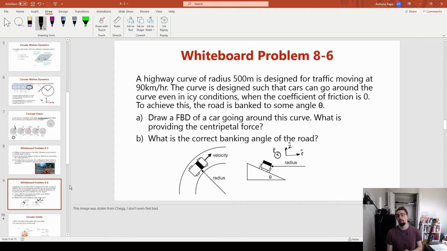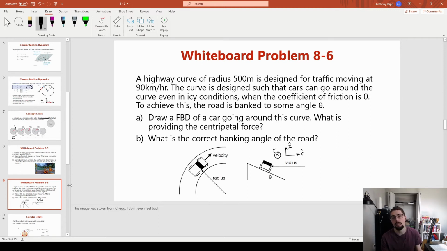So, if we can imagine here that the radius of this curve is 500 meters, traffic is going to be moving at 90 kilometers per hour, which is highway speeds, roughly speaking. So the assumption here is that we would like to set this thing even if friction completely falls away.